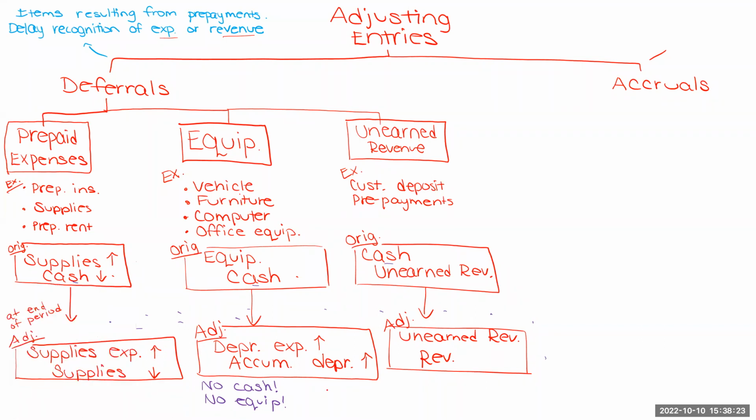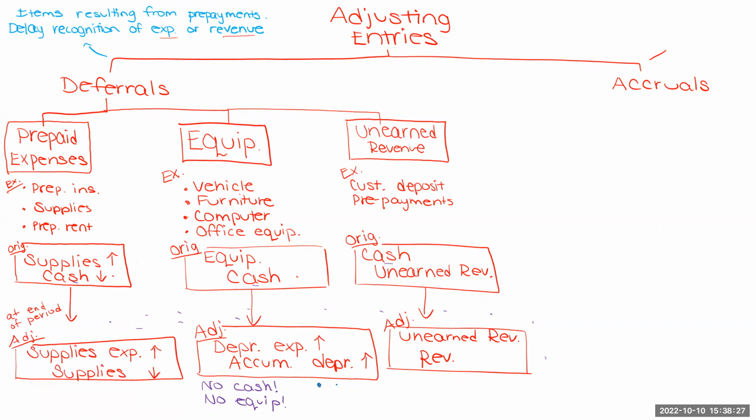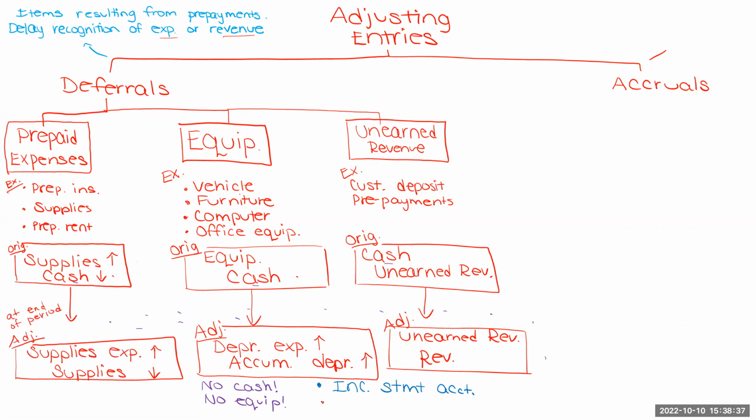The other thing I want you to notice is that in each adjusting entry you're going to have at least one income statement account and at least one balance sheet account. Let's identify that in each entry we've done so far.